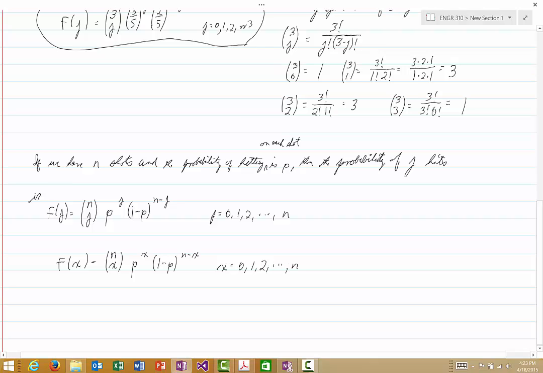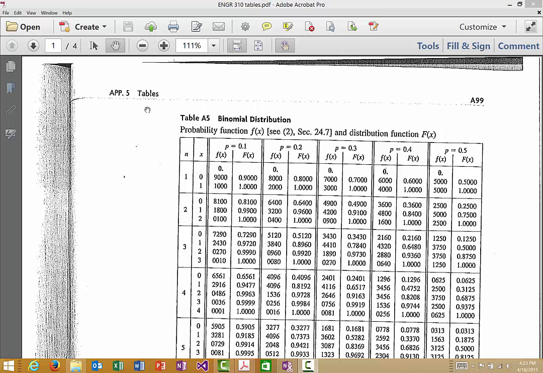And now at this point, before going any further, I'd like to make a comment. In the back of your book, in Appendix 5, there are 4 tables.